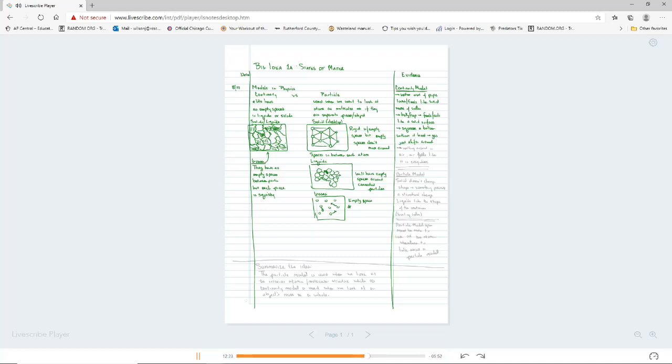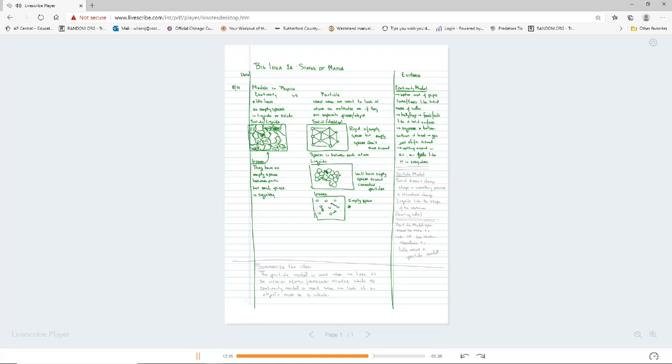So walking around in air feels solid. It feels like the air is everywhere. And so that's kind of what we're looking for in our continuity model.